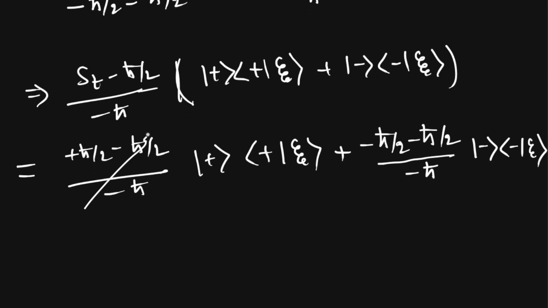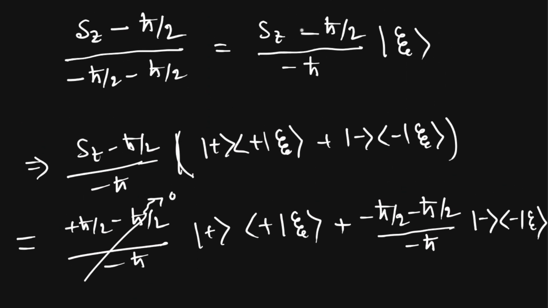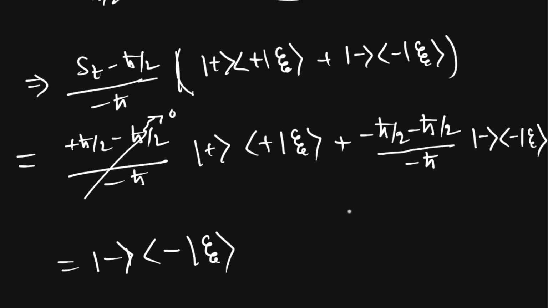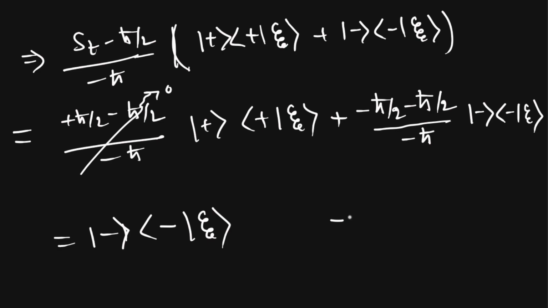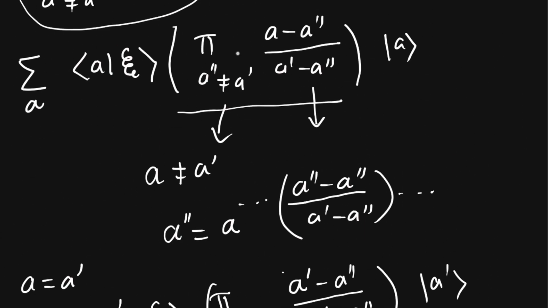That means this will become 0 and that will become minus psi. That means this operator is a projection operator which projects the state corresponding to the eigenvalue minus h cut by 2. So we solved problem 7.